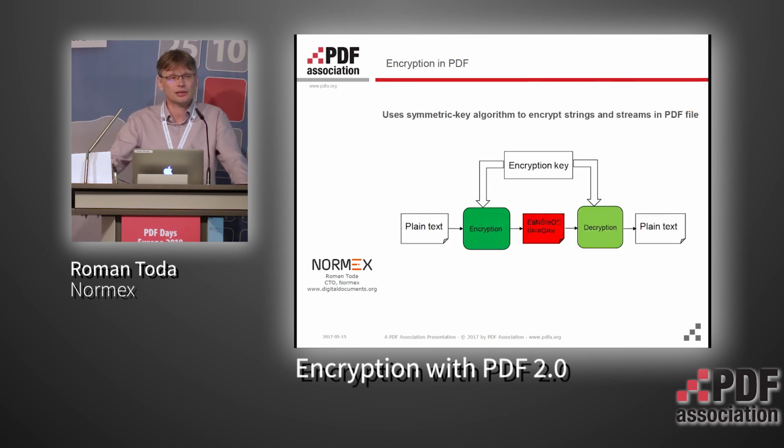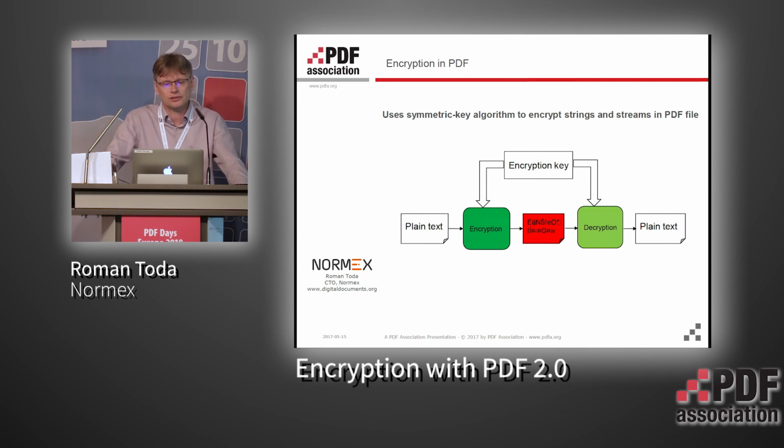So generally speaking, encryption in PDF is done by using a symmetric key algorithm. You can see that as an algorithm that you feed with the encryption key and the plain text, and you encrypt the portion, and then the same key is used to do the decryption.